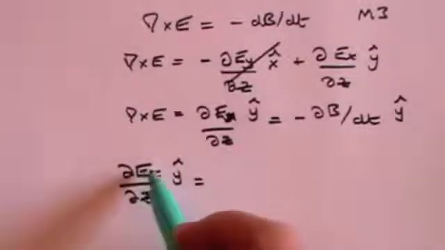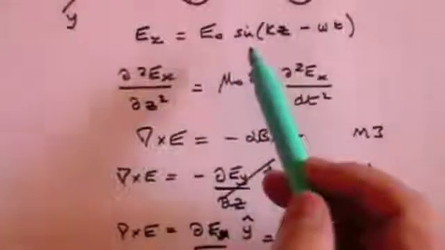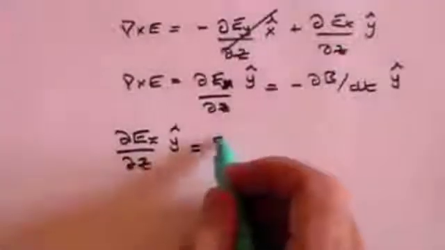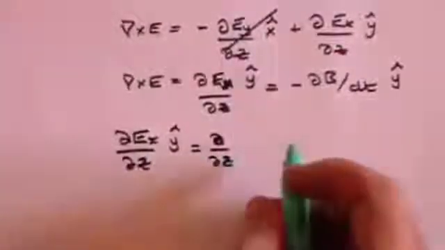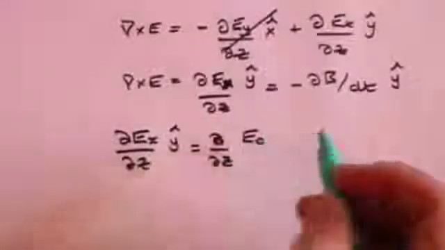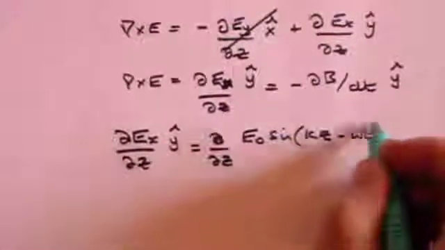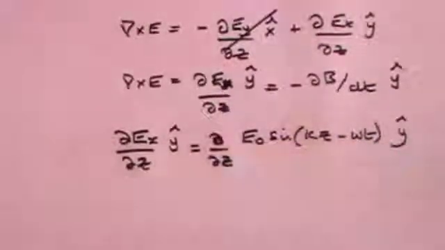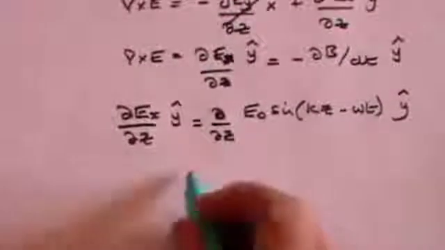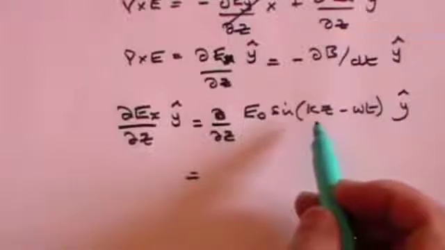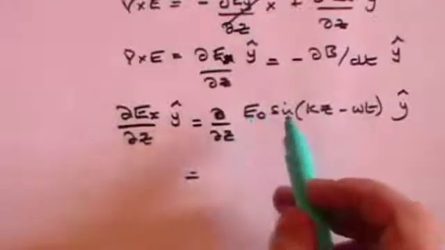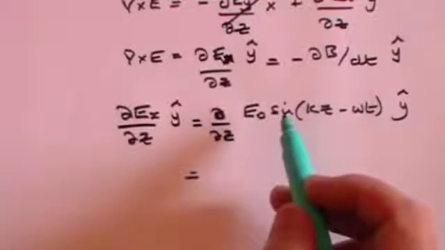If we write that out, Ex we know is E naught times the sine of that term there, so this simply becomes d by dz of E naught sine(kz minus omega t) in the y direction. Just always keep reminding ourselves what we're talking about here. And if we take the differential with respect to z, you bring the k out and the sine changes to cosine.